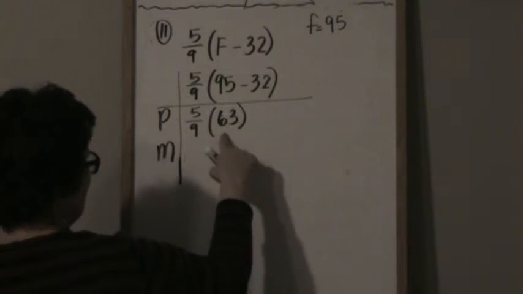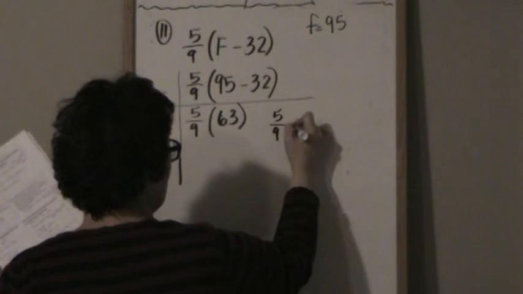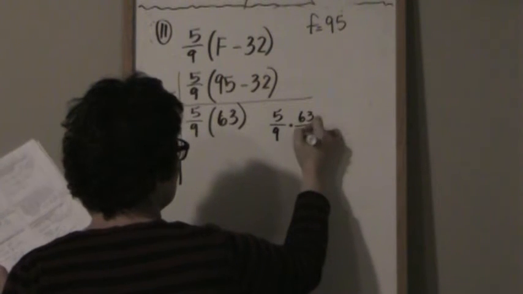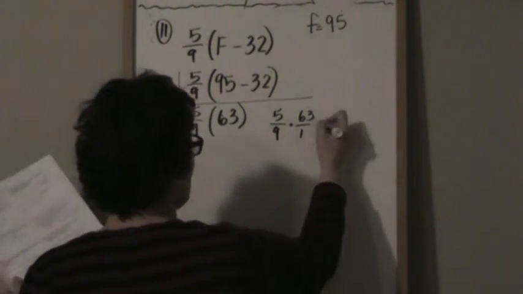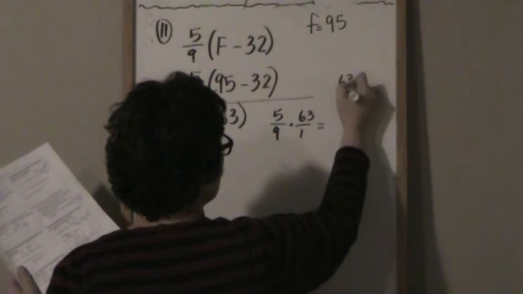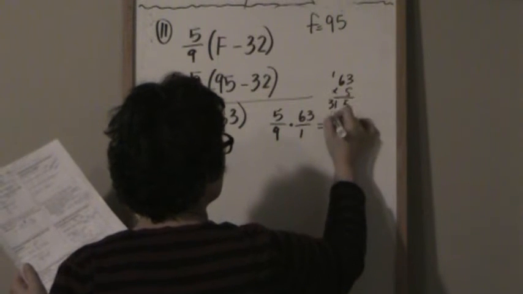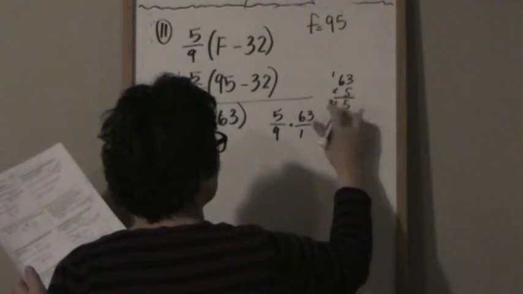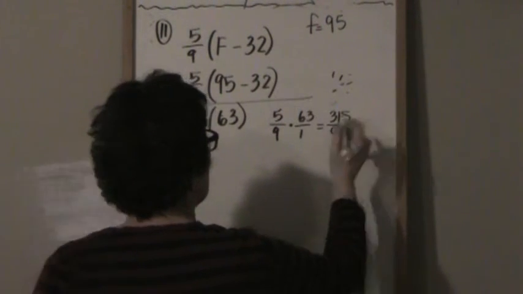5/9 times 63. I'm going to come over here and write it like this. Okay? And when you multiply straight across, 63 times 5 is 315 over 9.